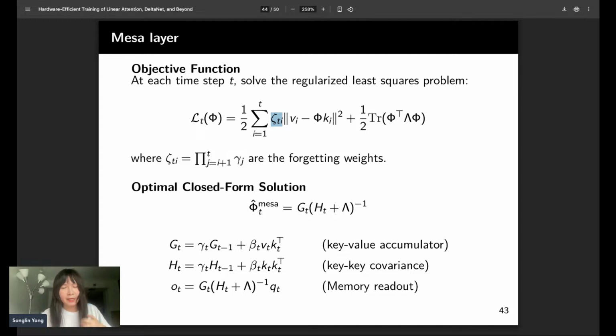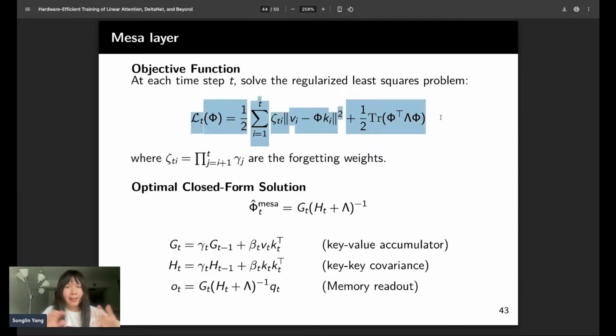And yeah, this is a common strategy in this online learning literature. And also we have a regularization term to try to regularize the norm of the recurrent state. And this online learning objective is very classical. It is basically the recursive least squares algorithm's objective.